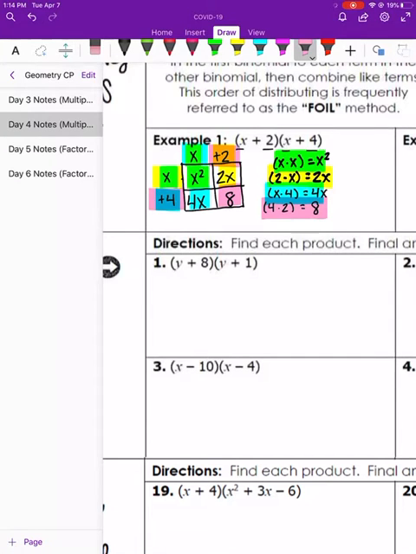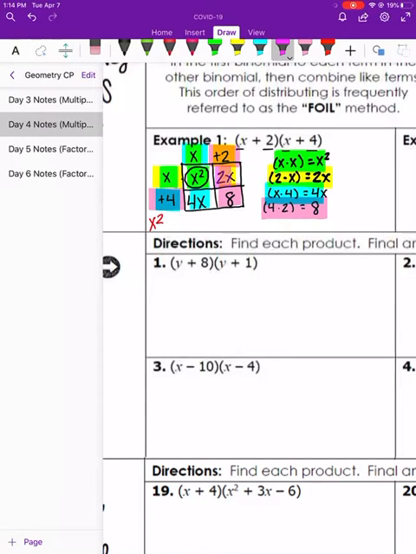Now I'm going to look through the inside of my box and see what terms I can combine together. My x squared is my first one. I'm going to see if I have any other squared terms. I have no other squared terms, so there's nothing to combine it with. So it's going to stay as x squared. Then my next lowest, because it has to be in standard form, is just an x.